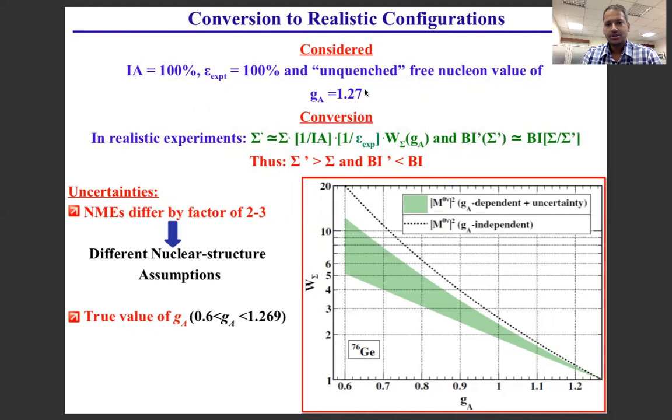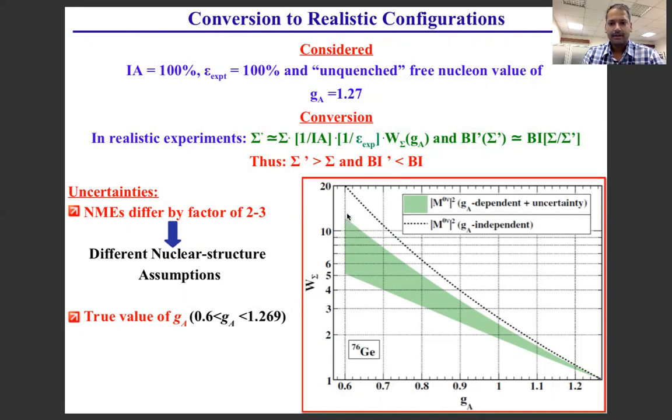We have also chosen the unquenched free nucleon value of g_A, which is 1.27. In this figure I have shown the variation of the axial-vector coupling constant, which varies in the range of 0.6 to 1.269, with the weight factor of exposure due to the variation in g_A relative to the free nucleon value g_A equals 1.27.